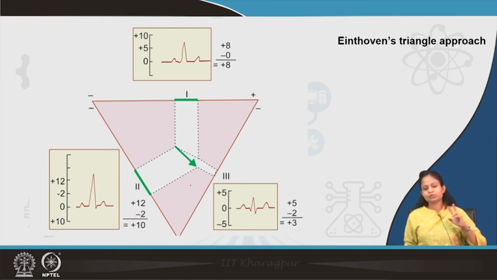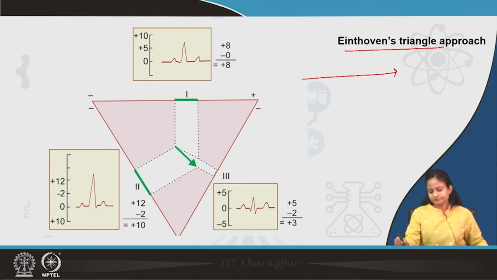One, we can take the help of Einthoven's law or Einthoven's triangle. The other approach is the quadrant approach. So, the first approach, Einthoven's triangle approach, is where we have 3 leads. Any 3 leads you can use, but by convention we generally ask the students to use lead 1, that is at 0 degrees, and lead 3.